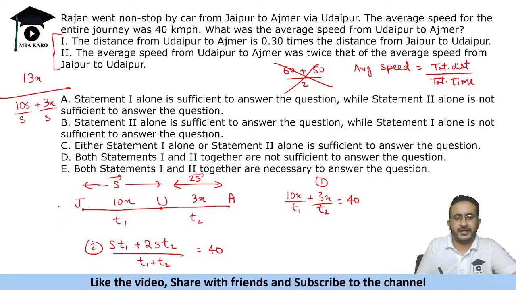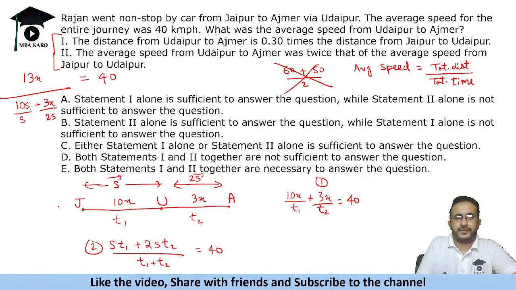So if you combine these two, this is the total distance 13x and this is 10x plus 3x upon, sorry, this will be 2s, यहाँ पे स्पीड 2s हो जाएगी. This equal to 40. ठीक है, ये हमें दिया हुआ है.